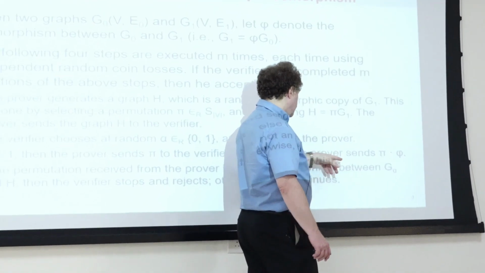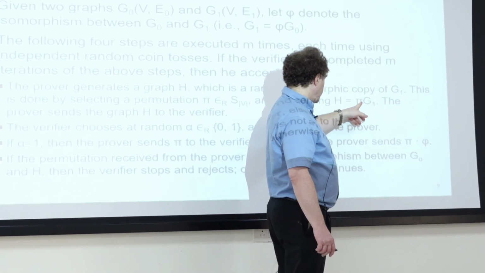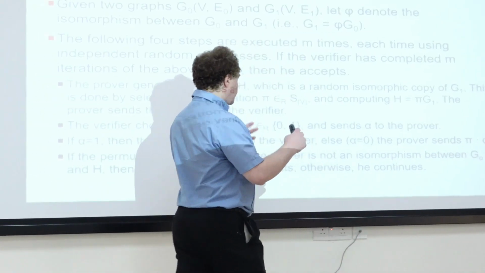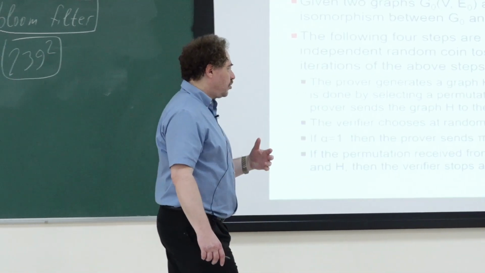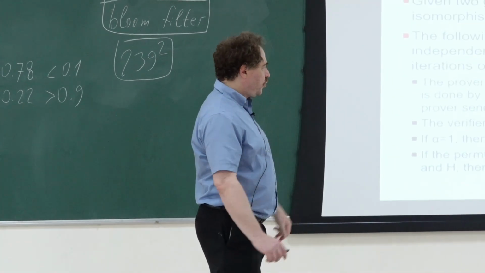It gets pi from the prover, takes G1, applies pi, gets H, and since the verifier already knows H, if it's the same H, then it works.